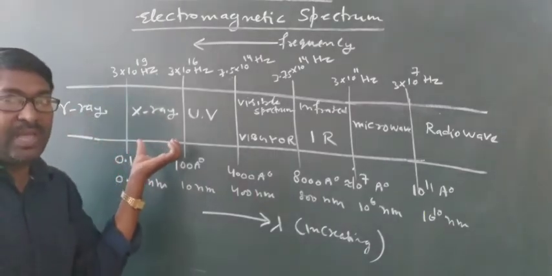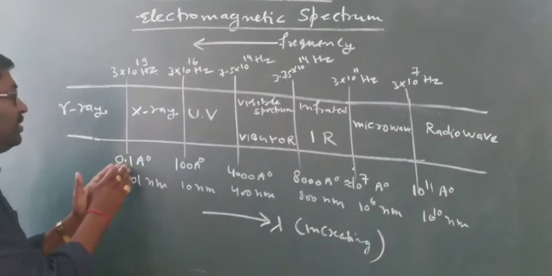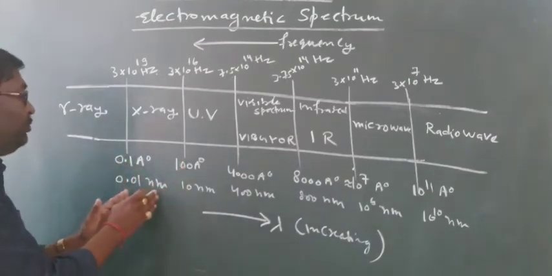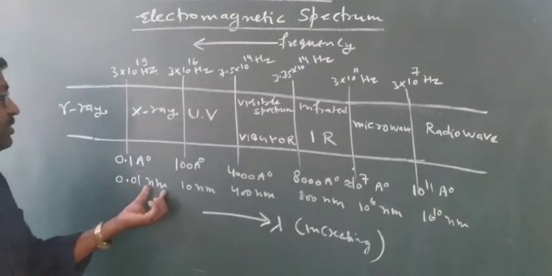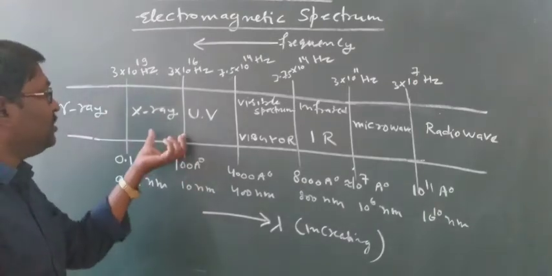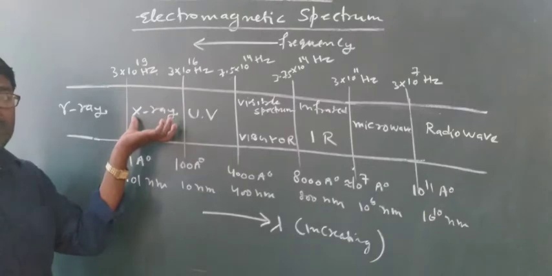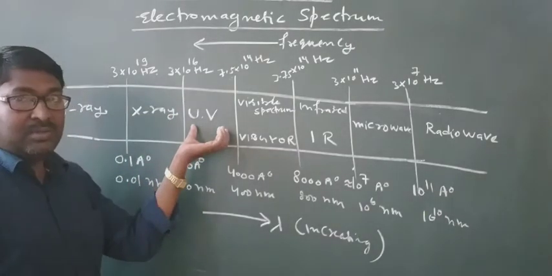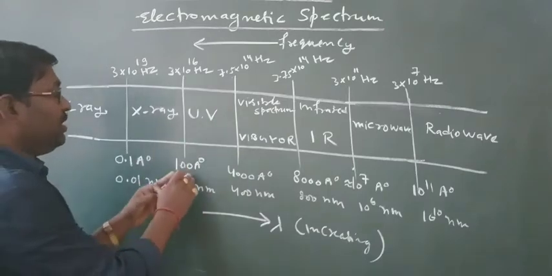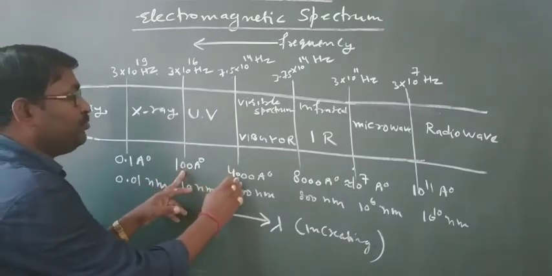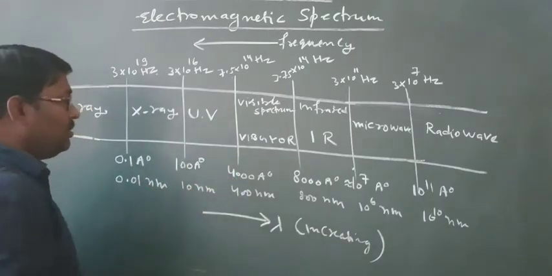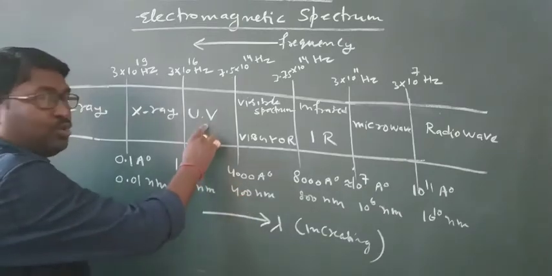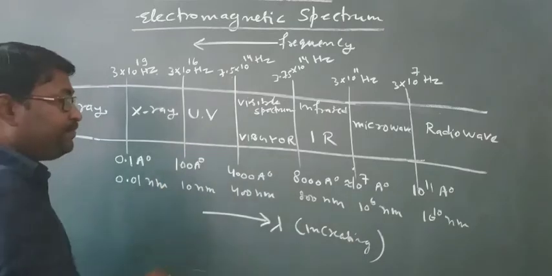The spectrum with wavelength between 0.1 to 100 angstrom, or 0.01 nanometer to 10 nanometer, is said to be X-ray. The range between 100 angstrom to 4000 angstrom, or 10 nanometer to 400 nanometer, is said to be ultraviolet rays.